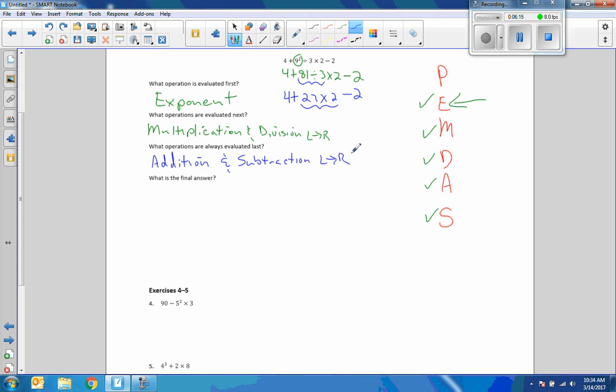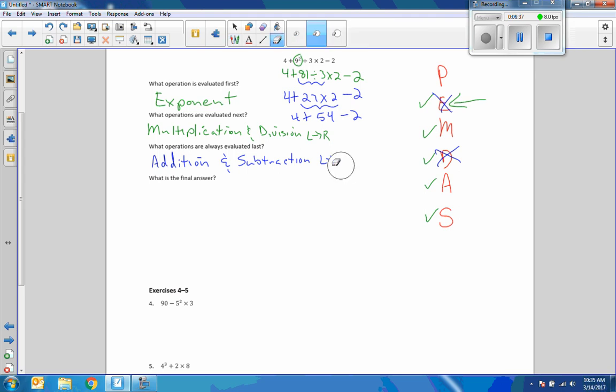L to R. Okay, so we've done the exponent, we've done the division. And why did we do that before multiplication? Because it was left to right and it came first, so that's done. Now we're going to do multiplication. So it's 4 plus 27 times 2 is 54 minus 2.